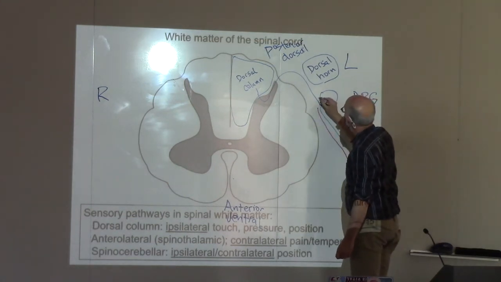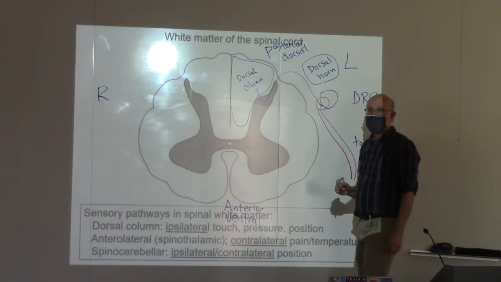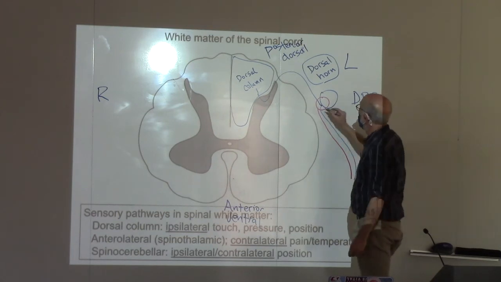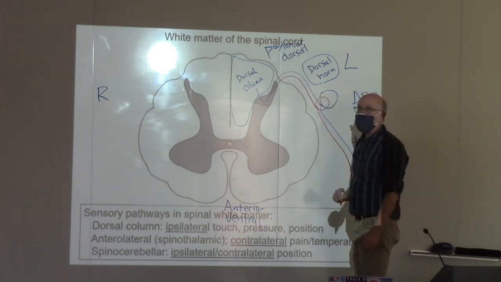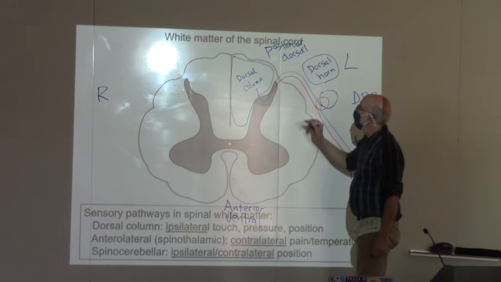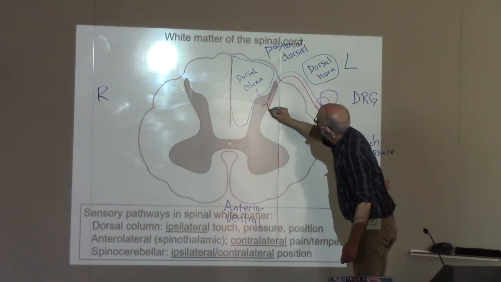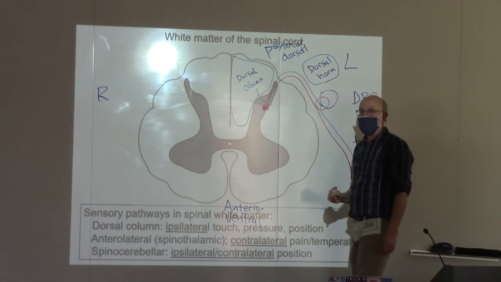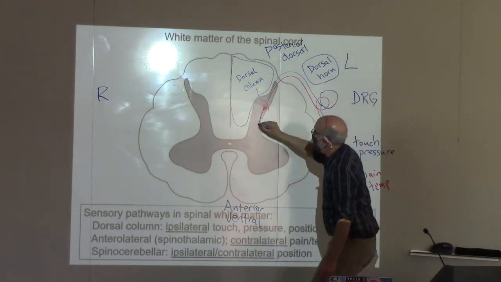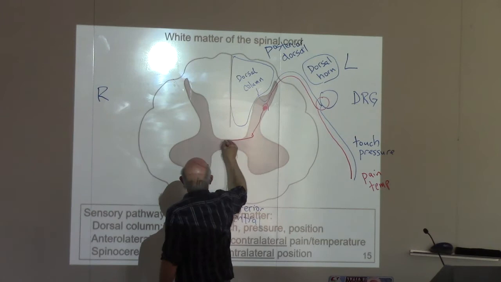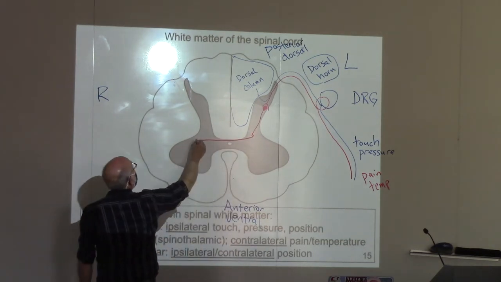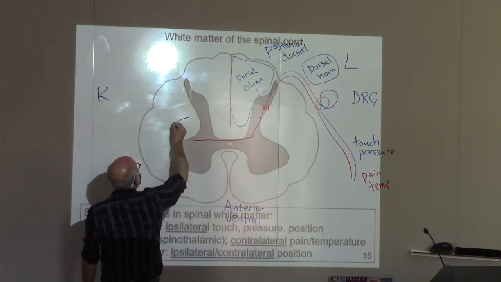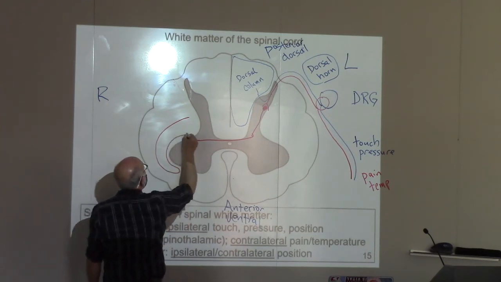Axon, cell body in the dorsal root ganglion, enters the dorsal horn, makes a synapse on the secondary cell in the dorsal horn, which crosses over, enters the anterolateral pathway.